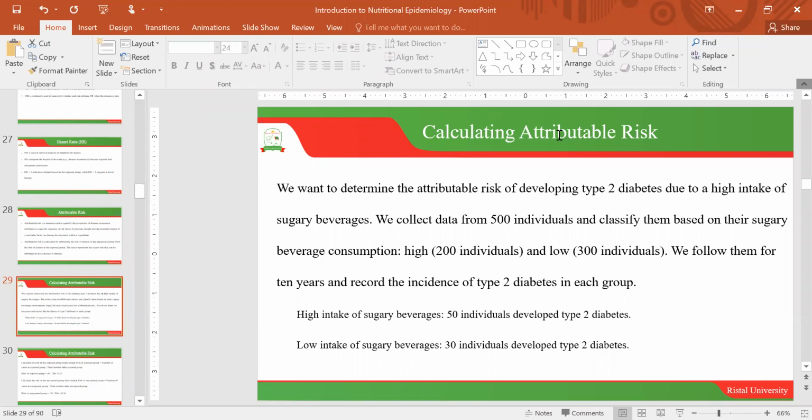You see that in this example, 50 people out of the 200 will develop diabetes type 2, and 30 out of the 300 will develop diabetes type 2 in the people who don't take a lot of sugary drinks.